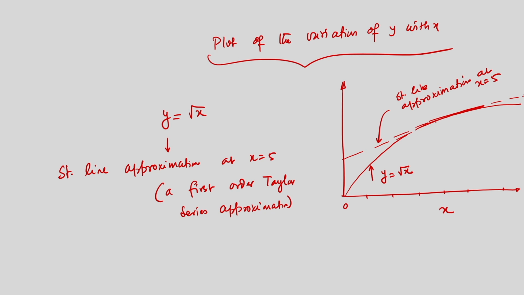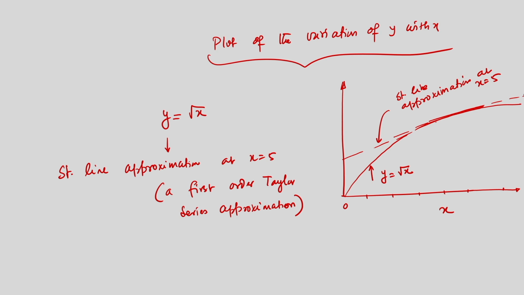So, y is equal to root x, and if we consider the straight line approximation at x equal to 5, that is a first order Taylor series approximation at x equal to 5.